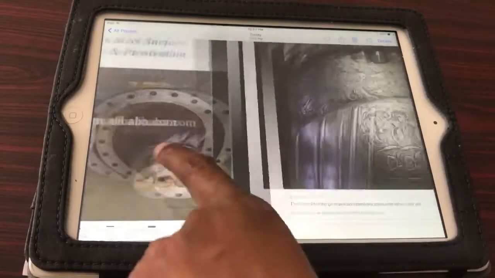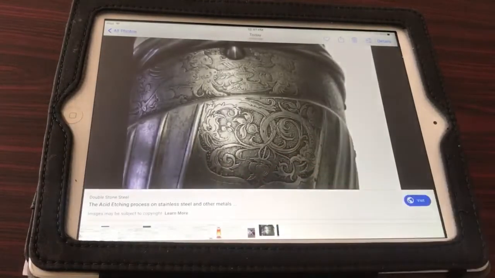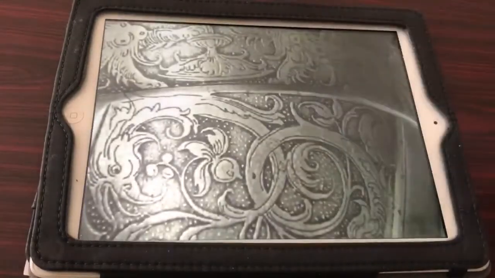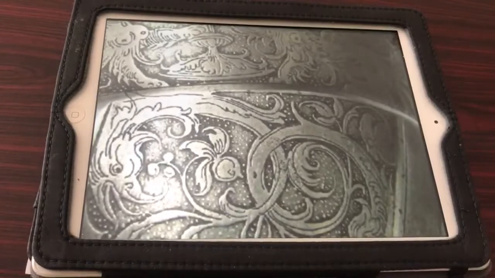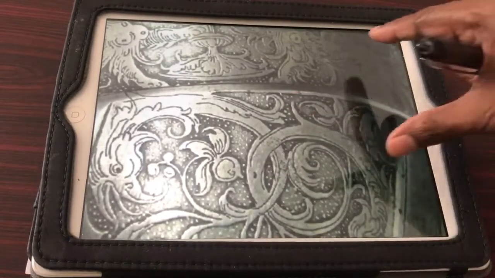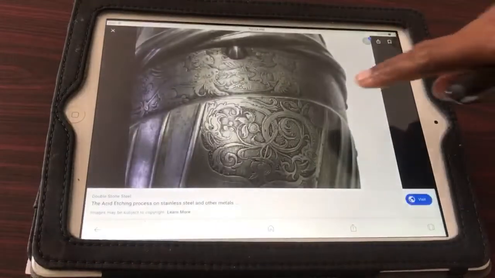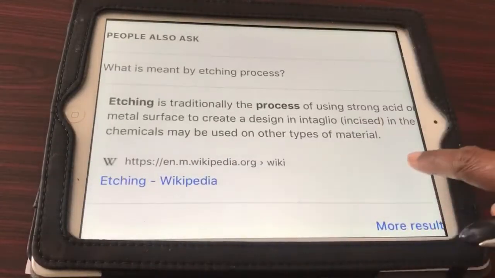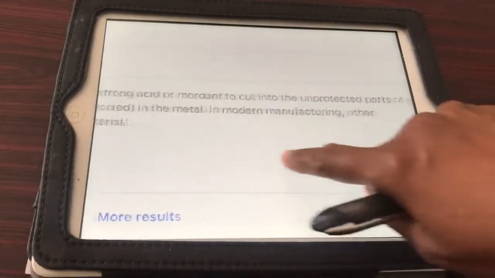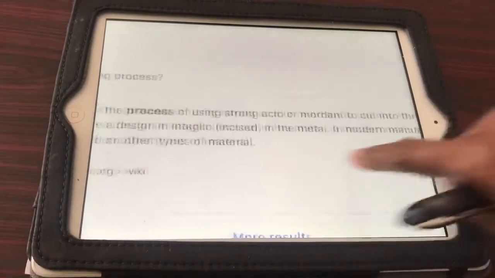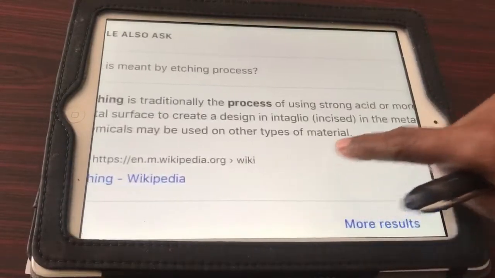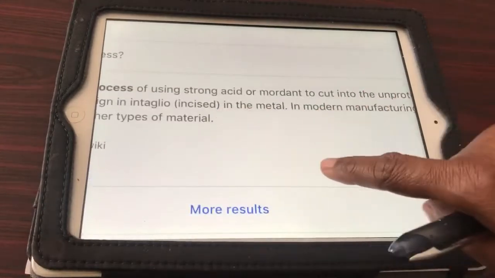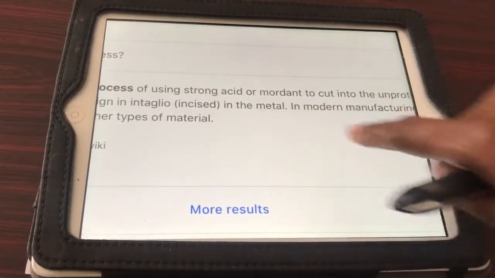Another one we have seen is etching. On the surface of metals we can draw designs like this, and this etching is usually done with the help of acids. Etching is traditionally the process of using strong acid or mordant to cut into the unprotected parts of the metal surface to create a design incised in the metal.